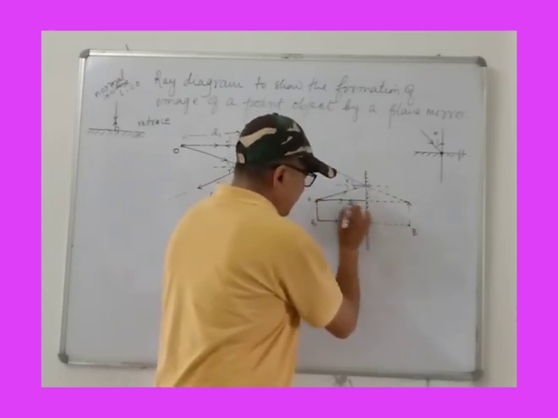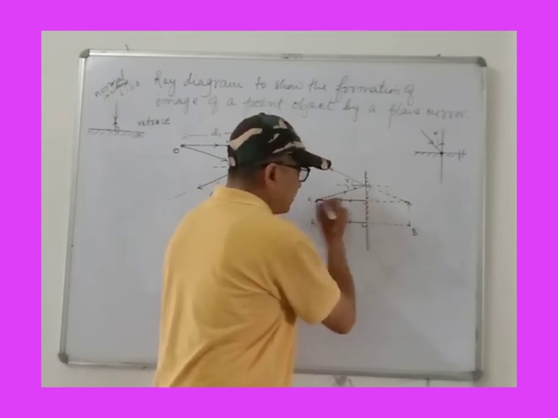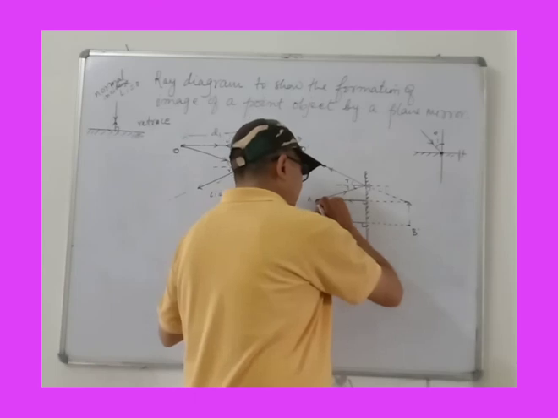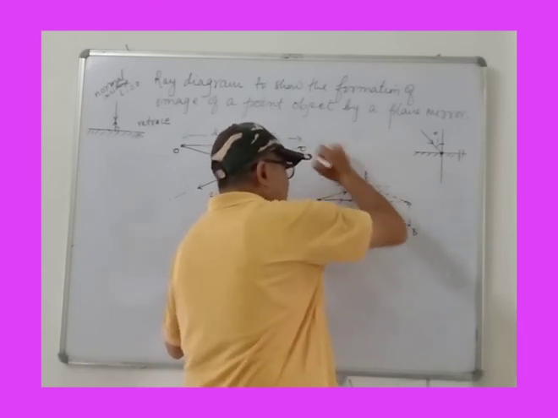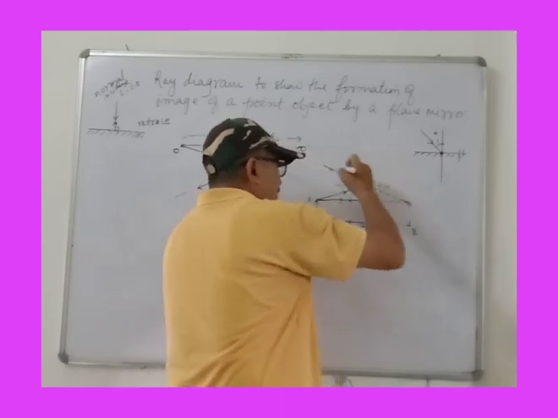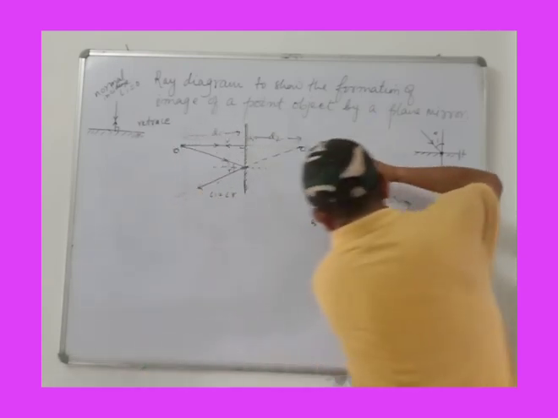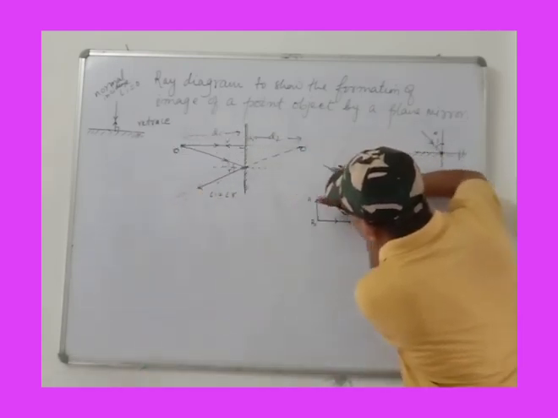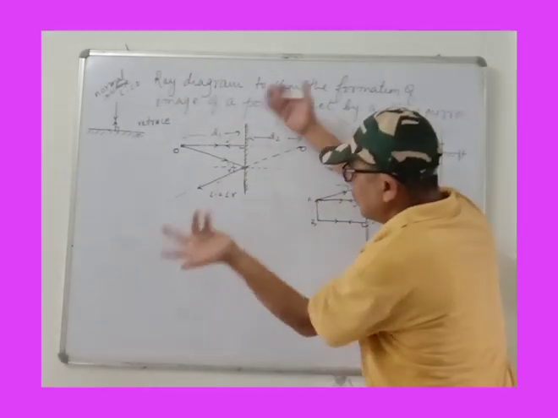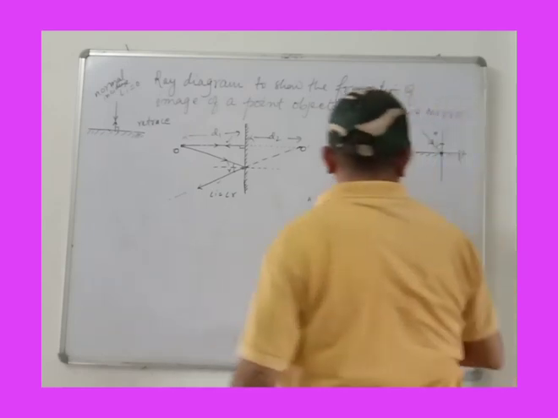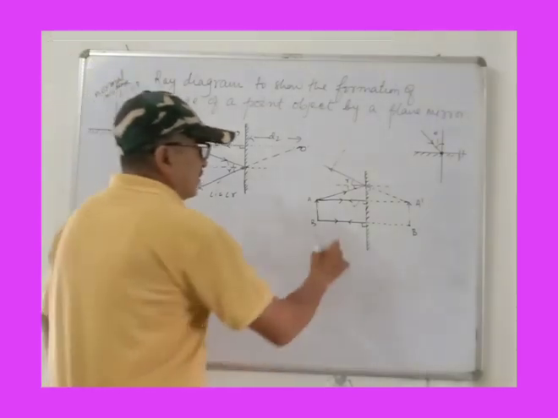Another ray from the head coming here, returning, retrace, produce backwards. One ray is incident here, reflecting in this direction, and produce backwards. Now think of this one and this one. They won't meet really. They have to meet virtually. So this is the virtual image of the object.